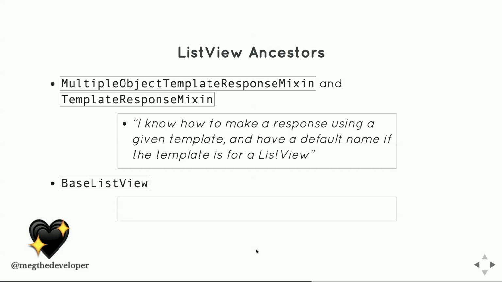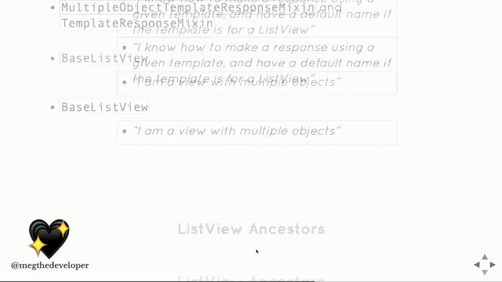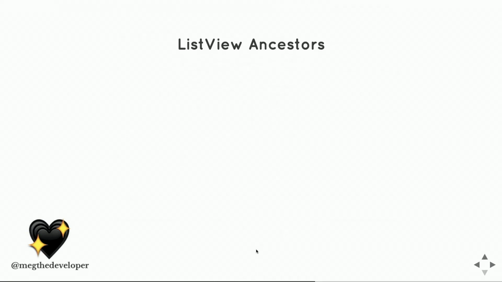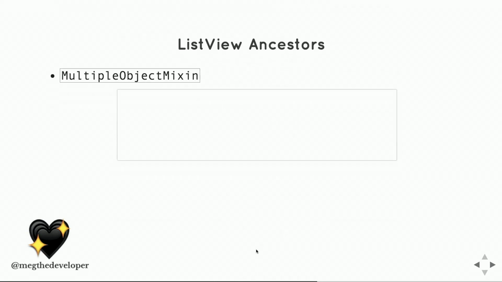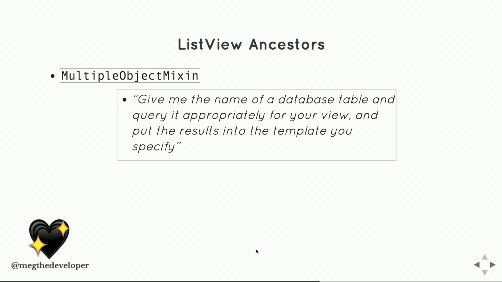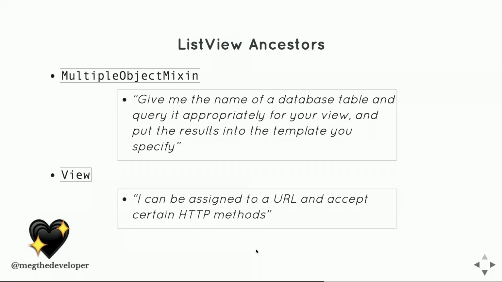The BaseListView is the thing that pulls a bunch of different things together: I'm a view with multiple objects. Part of what it inherits from is the MultipleObjectMixin, which is, give me the name of a database table and query it appropriately for your view and put the results into the template you specify, which came from another ancestor, interestingly. And then you have the View class, which we saw earlier. Cool?